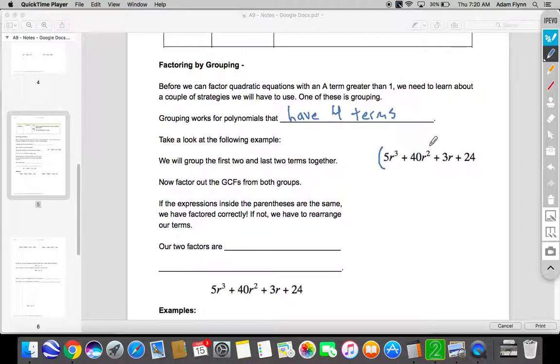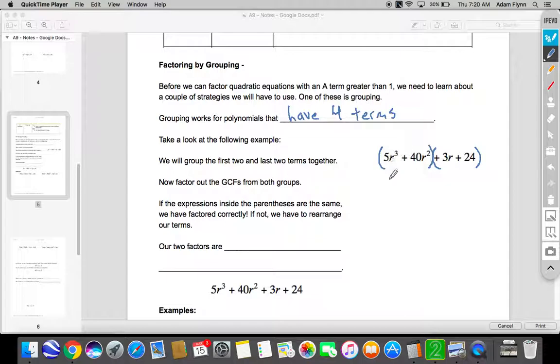My first 2 terms, 5r cubed plus 40r squared, and 3r plus 24. Now we have 2 expressions in parentheses. Now we are going to factor out the GCFs from both groups.